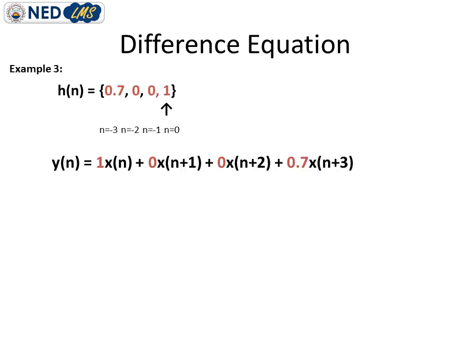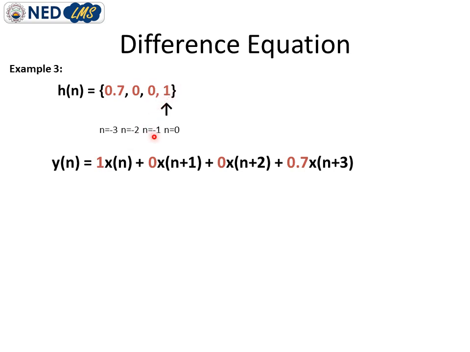Similarly, in example 3, we have an impulse response, but interestingly the index n is equal to 0 lies at the last value. It means the previous values lie at n is equal to minus 1, minus 2 and minus 3. But when we write the difference equation, we take the reverse of it, which means at n is equal to 0, the coefficient attached is 1.